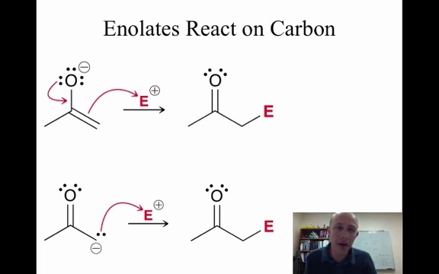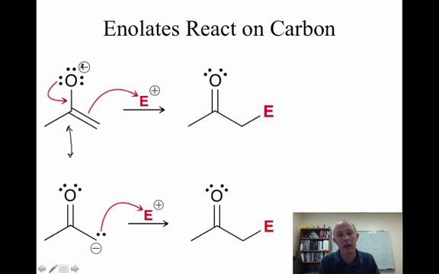Okay, what's interesting about enolates is that even though we have two resonance structures of the enolate, we can draw it as a negative charge on oxygen, or we can draw it as that same negative charge on carbon. Remember, the reality is that the negative charge is shared between oxygen and carbon, and for thermodynamic reasons, alkylation of carbon, so if this negative charge on carbon reacts with an electrophile, we form a new carbon-electrophile bond, and we retain a carbon-oxygen double bond, which is more stable than a carbon-carbon double bond.